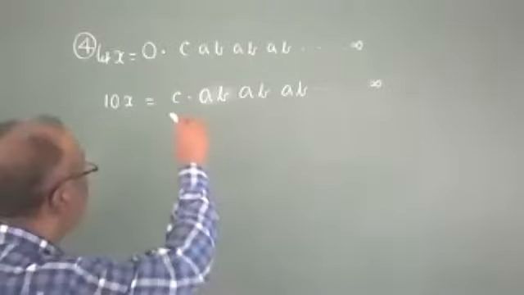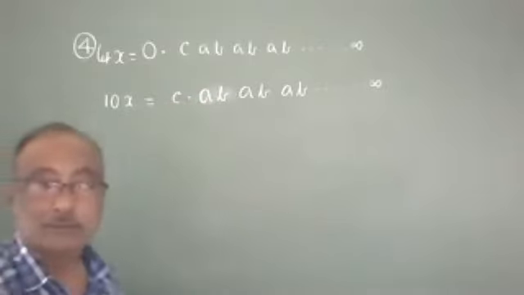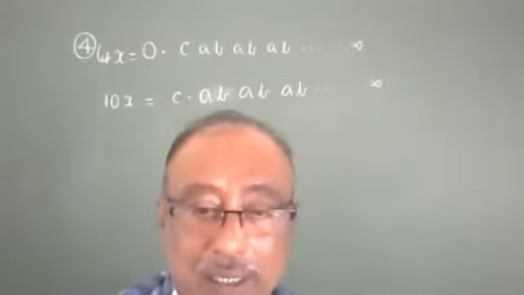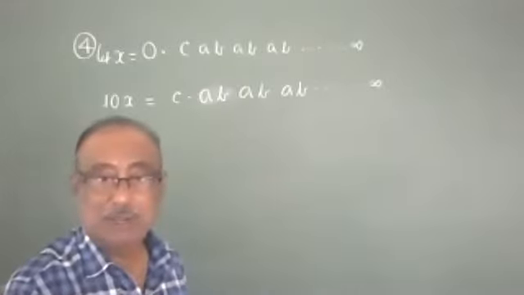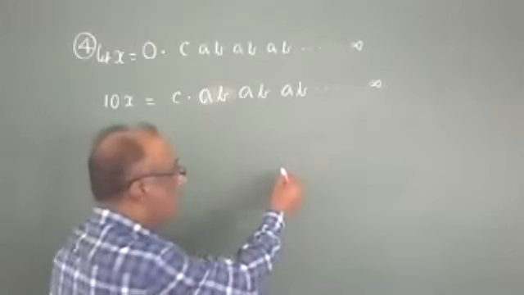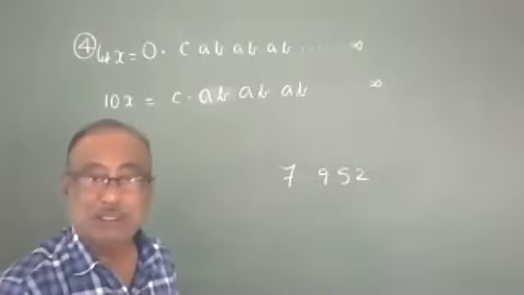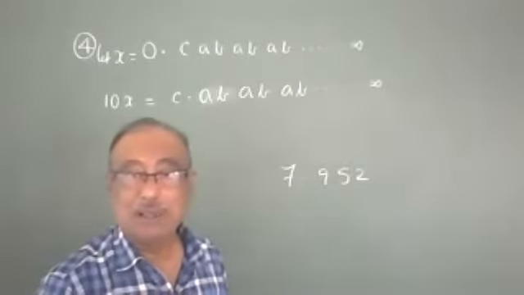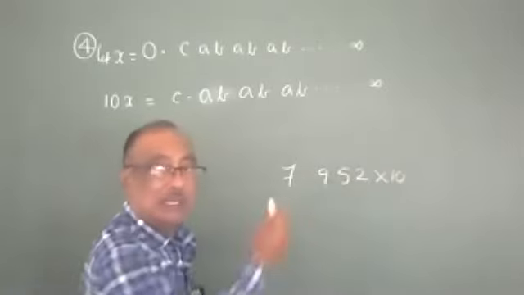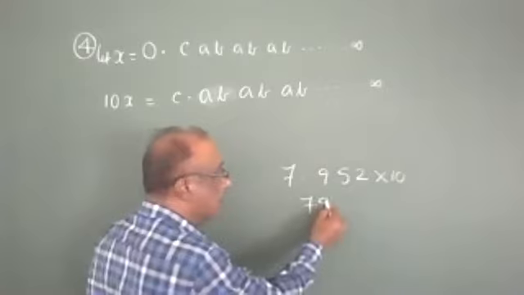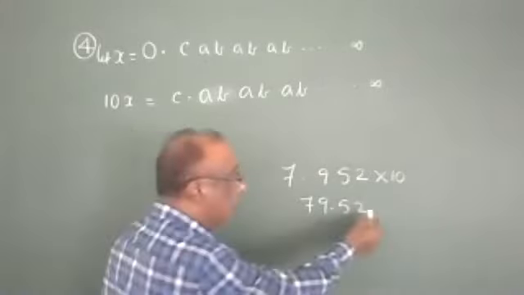Next, the same problem, multiply with 100. First, decimal points. Take 7.952. Multiply with 10, what happens? The point is extended: 79.52.